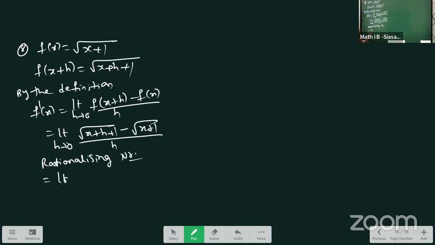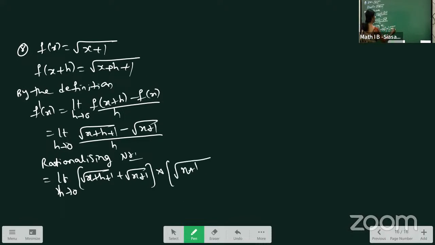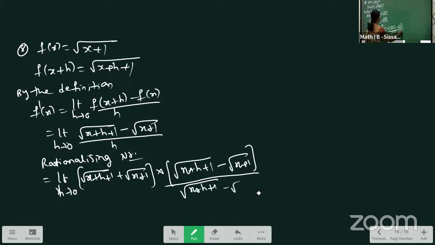So limit h tends to 0, under root of x plus h plus 1 minus under root of x plus 1, multiplied and divided by the rationalizing term. What is the rationalizing term? Opposite sign we have to multiply and divide: under root of x plus h plus 1 plus under root of x plus 1, in the same way in the denominator too. So this by h as it is.